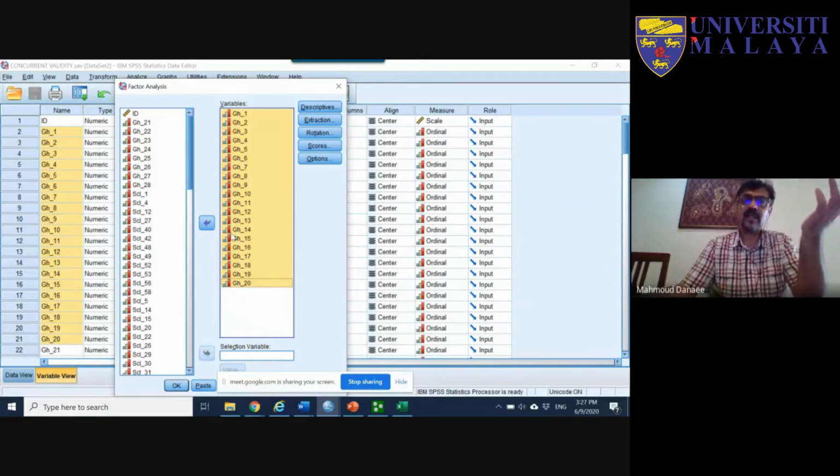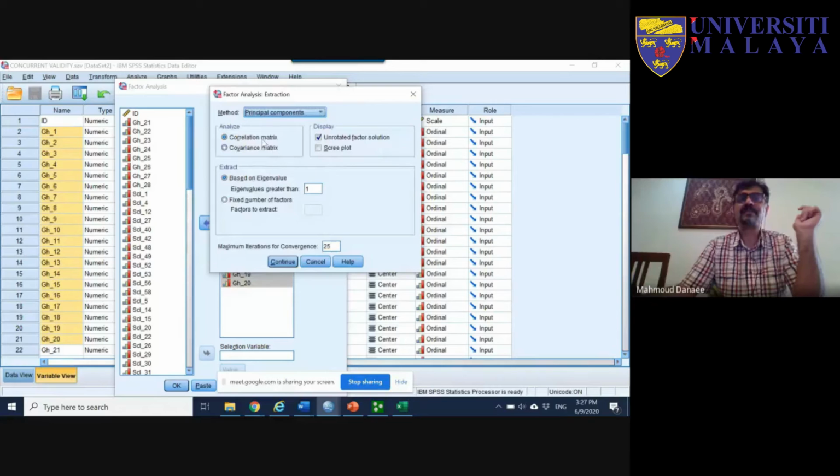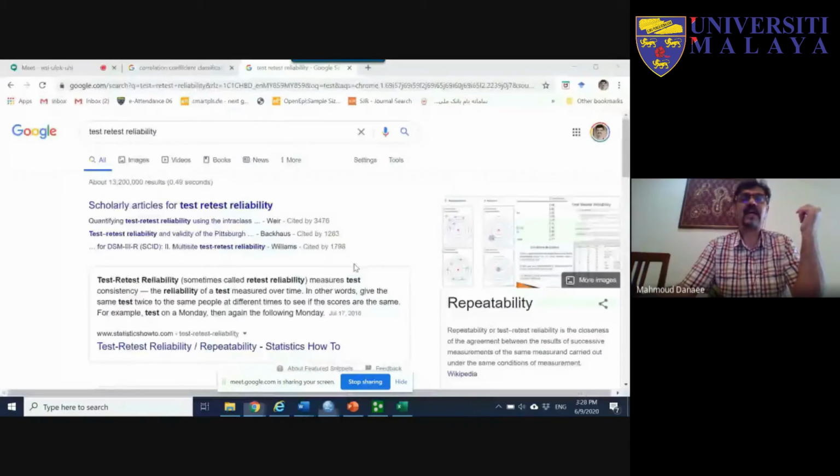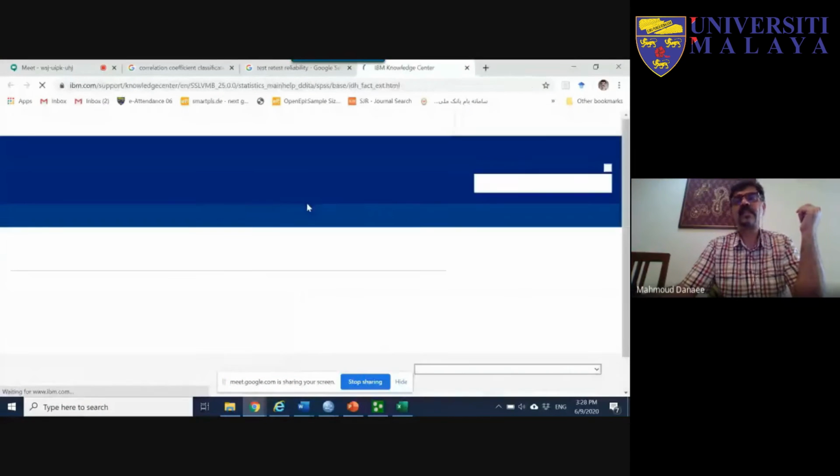Look at here. Assume that all these items are adapted. So when I enter all this data, under extraction there are several techniques. Usually the common method is principal component analysis. Of course, there are other techniques; if you are interested, you can click on the help, and the best teacher is here.